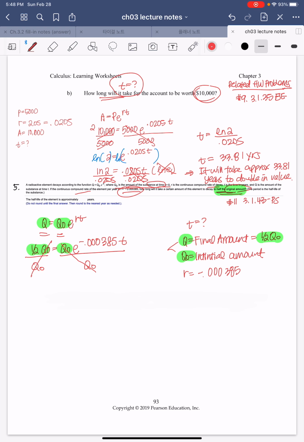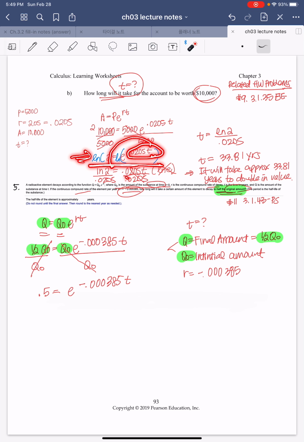Half is the same thing as 0.5, so all I have left over here is 0.5 equals e raised to negative 0.000385 T. Now, what did I do afterwards? I applied ln to move the exponent down as a product. So that's what I'm going to do too. Apply ln to both sides.